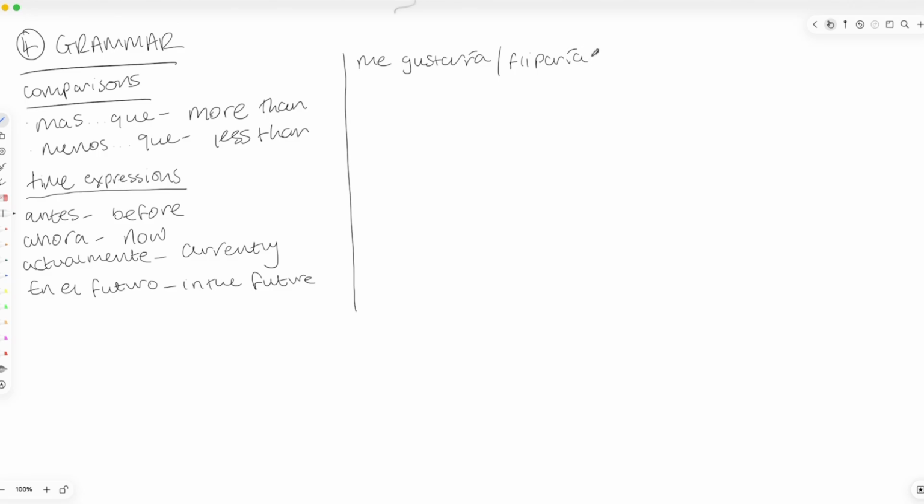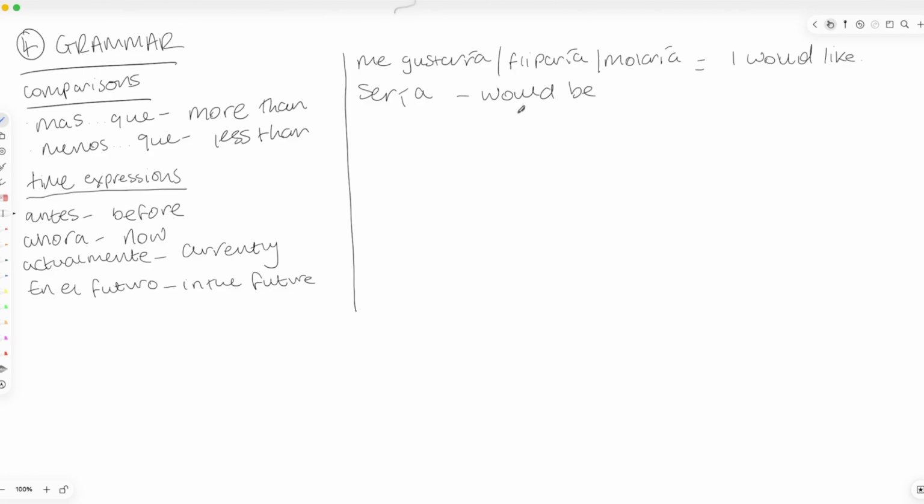Fliparía, molaría. I would like. Okay, I would like. Sería. Got to be careful how you use this one. Sería, would be. Mi familia ideal sería, my ideal family would be.